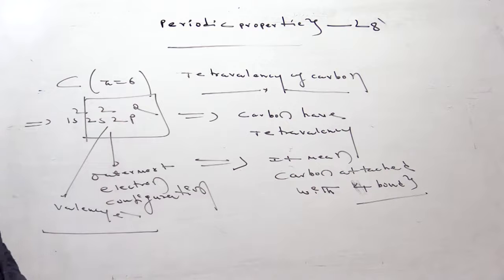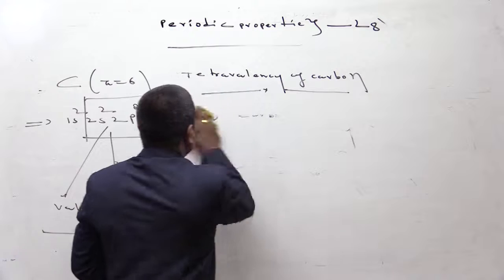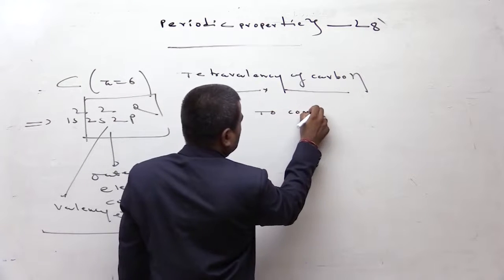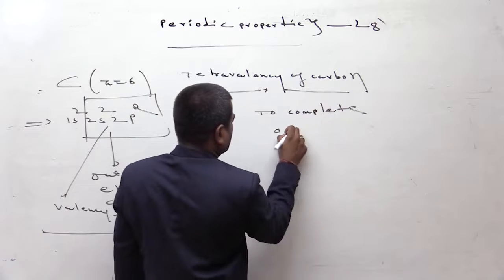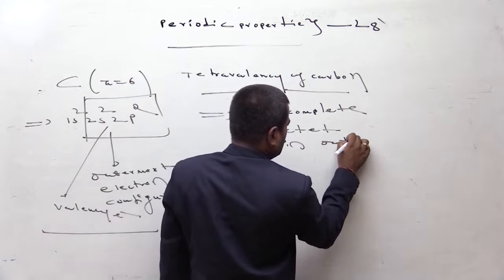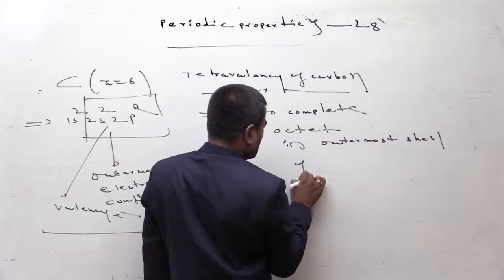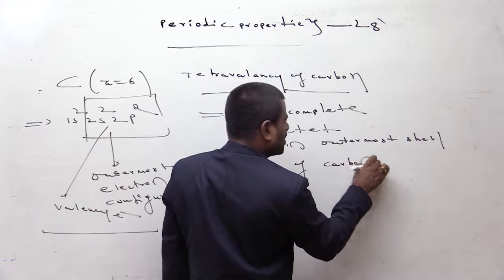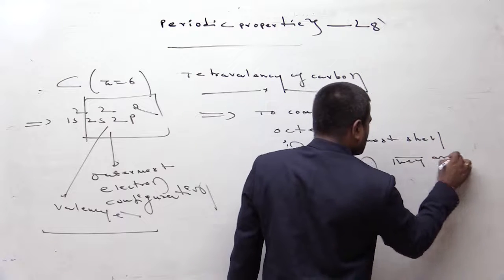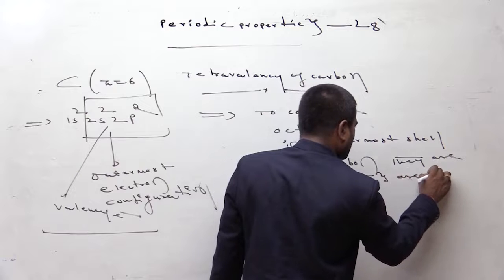That is why the valency of carbon is taken as 4. In the outermost shell of carbon there are 4 electrons, and 4 electrons are required.